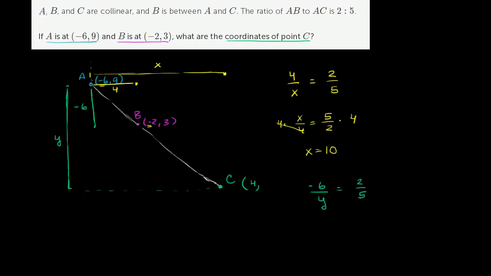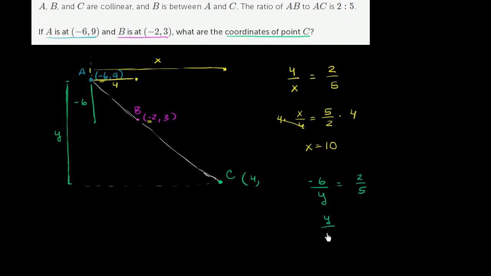Once again, we can take the reciprocal of both sides. y over negative 6 is equal to 5 over 2. Multiply both sides times negative 6. And we are left with y is equal to 5 times negative 6, which is negative 30, divided by 2 is negative 15. So our change in our vertical axis, which we're calling y in this case, is negative 15.